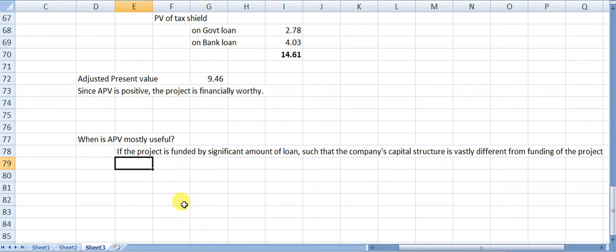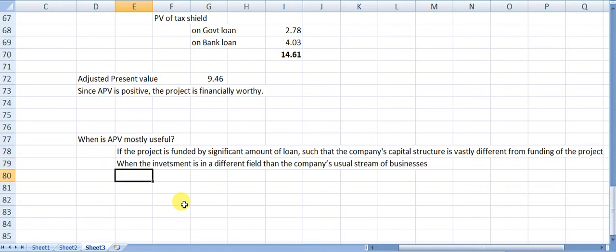Second situation, when the investment is in a different field than the company's usual stream of businesses or field of businesses, because guys, the risk is different.